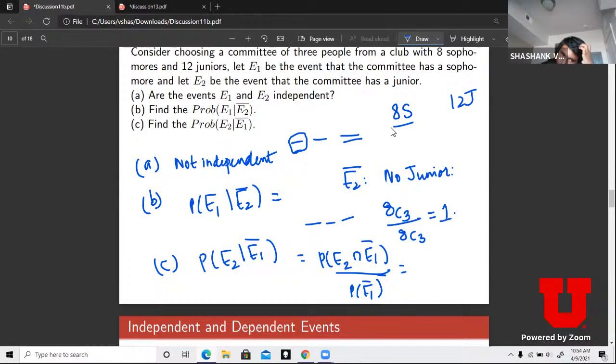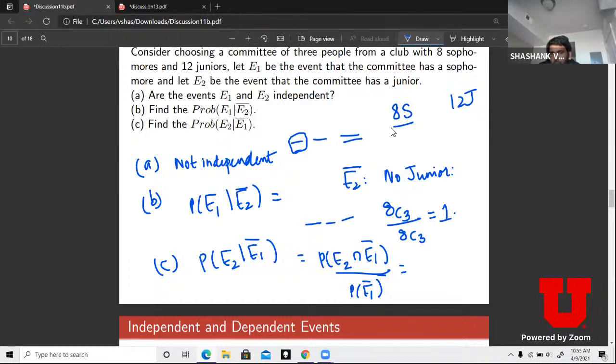So the probability that the committee has a junior and the committee doesn't have a sophomore basically means all 3 places of the committee are all juniors.